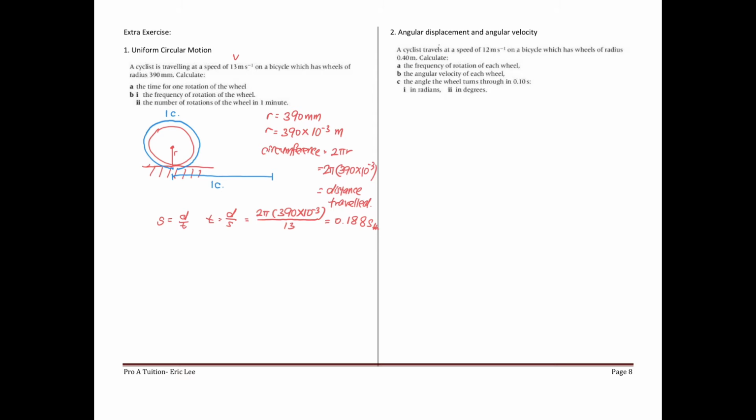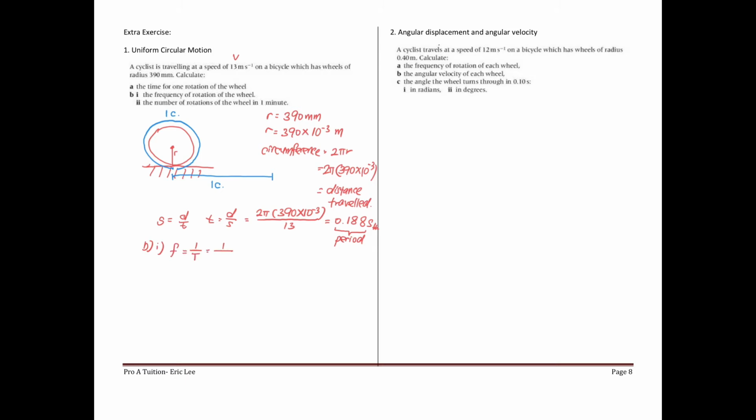Now let's look at part B of the question, B1. The frequency of rotations of the wheel. In order to find the frequency of rotations, we need to know that the 0.188 here is actually the period. And we have to know that frequency is equal to 1 over period.